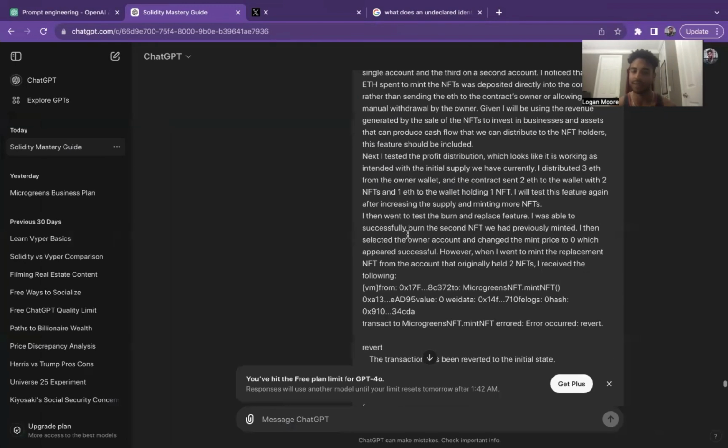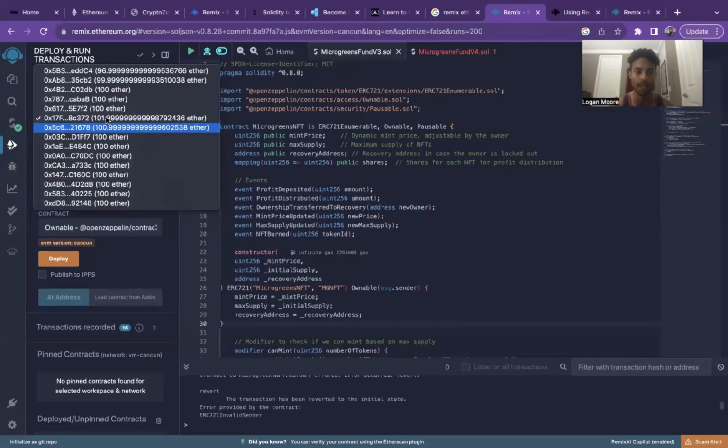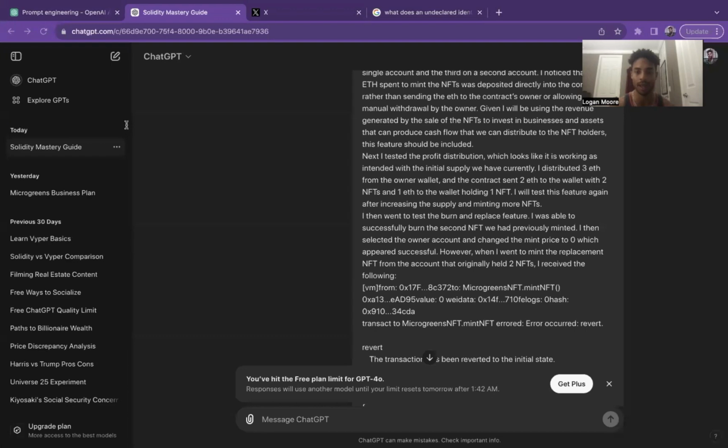After testing the distribution mechanism, we then went to the burn mechanism, and this is when we encountered the error of not being able to produce the replacement. I explained what I ran into. I was able to successfully burn the second NFT minted, one of the NFTs held in the wallet that minted two.